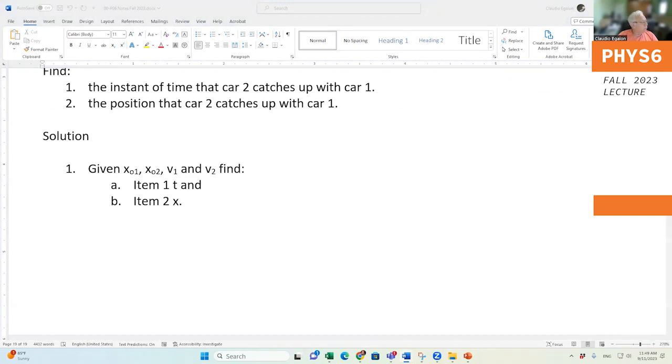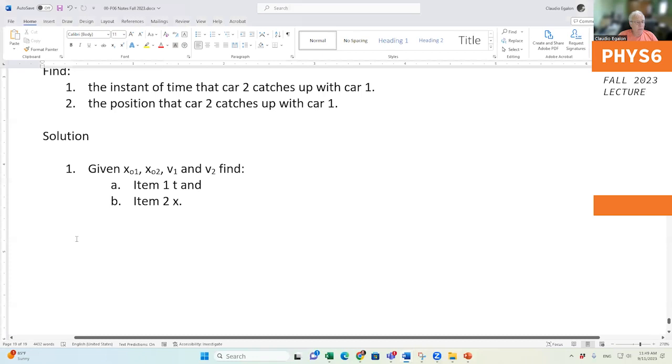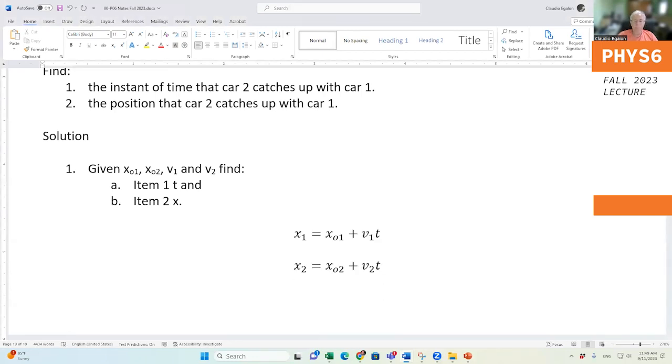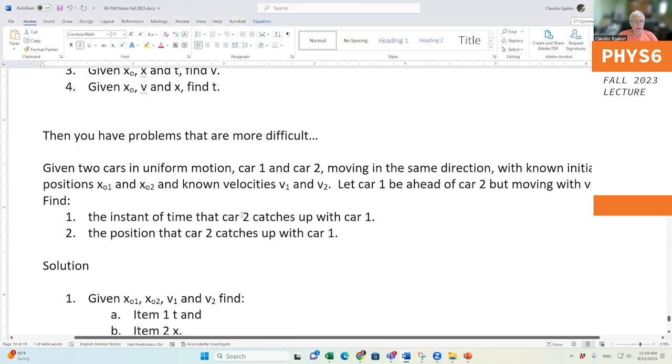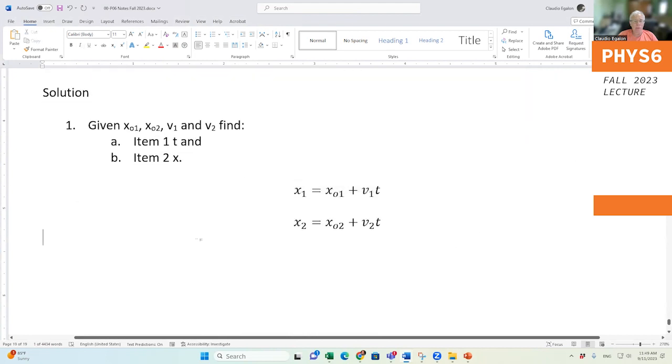Okay, what you have to do, you have to come up with the equations of motion for car 1 and car 2. Here you go. Okay, so instead of a single equation like you had here before, now we have two equations. x1 is the position of car 1, x2 the position of car 2.